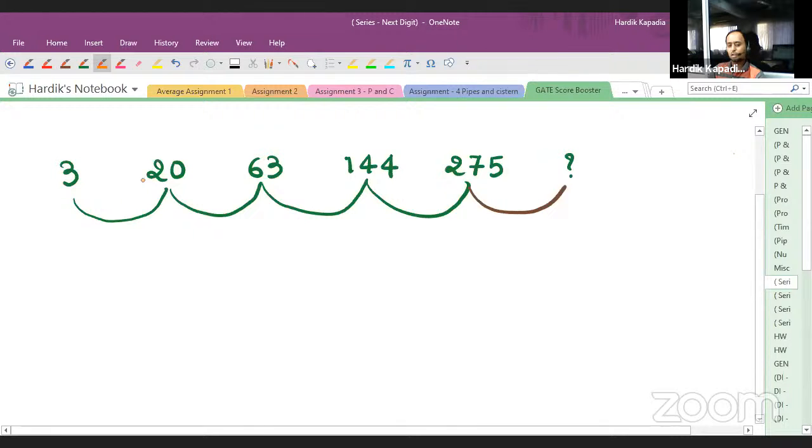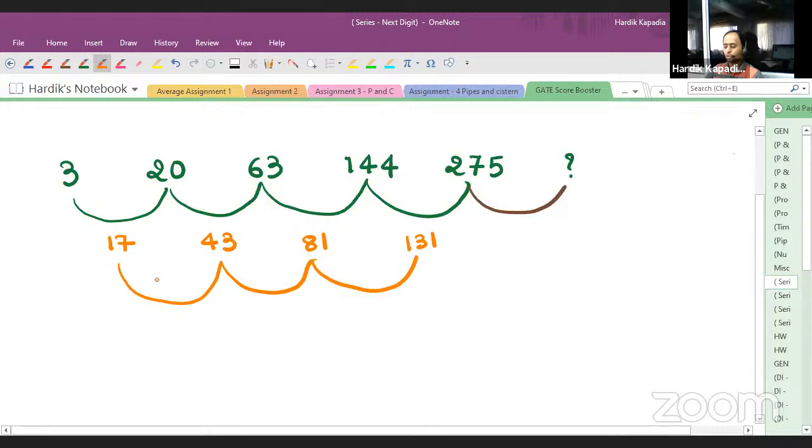So 3 to 20, the difference is 17. 20 to 63, the difference is 43. 63 and 144, 481. And over here, the difference is 131. Now, we are not getting something, then we'll go again with the subtraction.